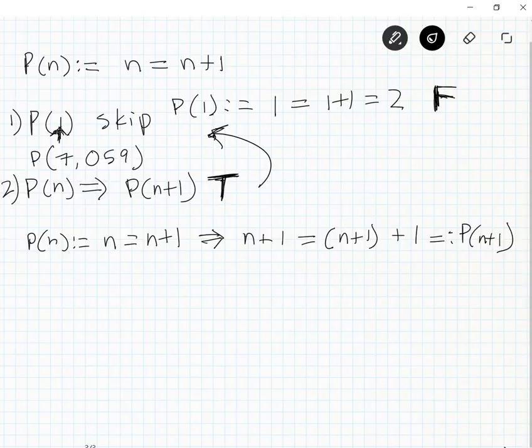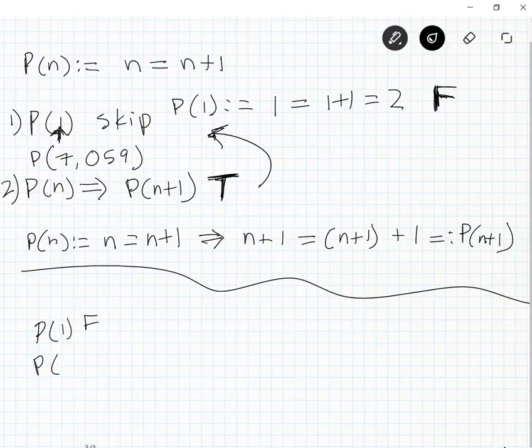And here's another modified version of the principle of mathematical induction. Say you have a statement that's not true for P of 1, it's false. It's not true for P of 2, it's not true for, say, up to the first 99. But it is true for P of 100.